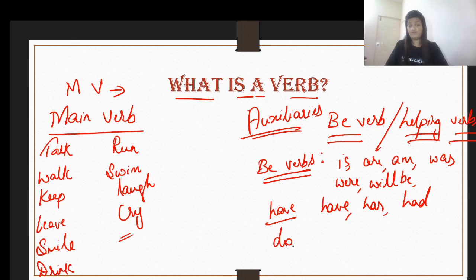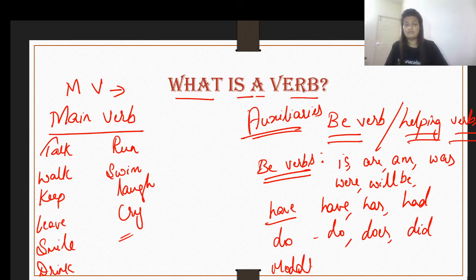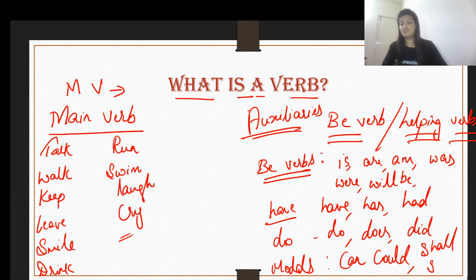Then you have do verbs like do, does, and did. And you have modals, which are can, could, shall, should, may, might, ought to, used to. All these are your modals.